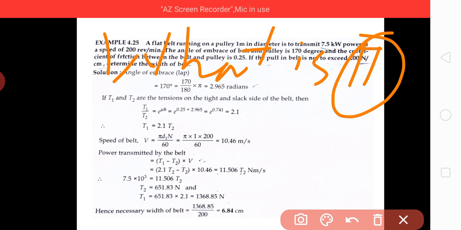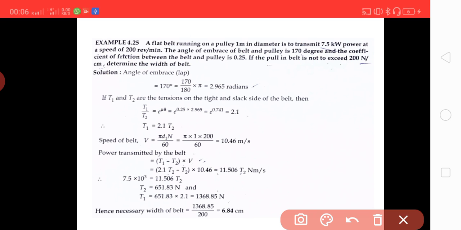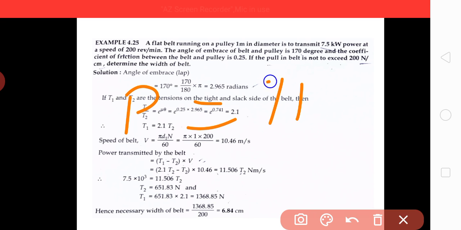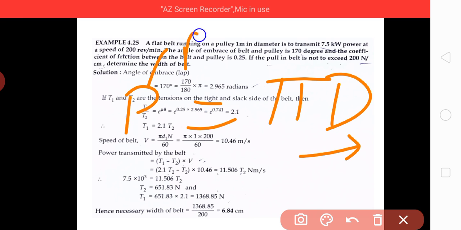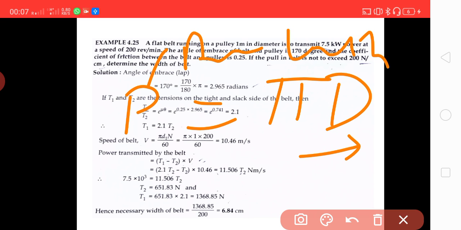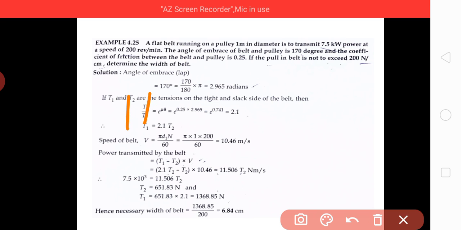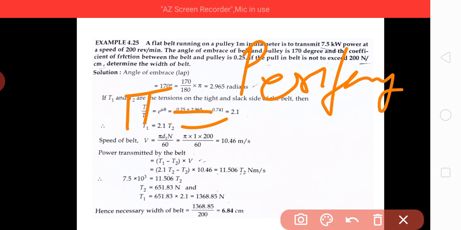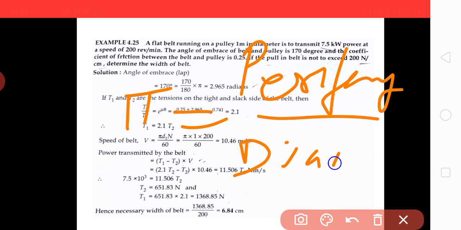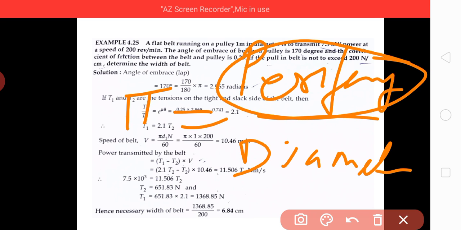How? Peripheral distance is given by pi d. D is the linear value and the periphery is the angular value of length. So pi equal to periphery upon diameter. This is the angular, this is the linear.